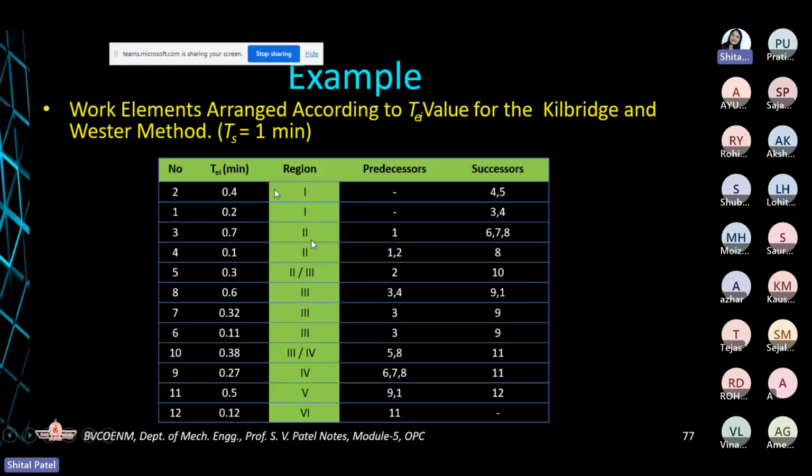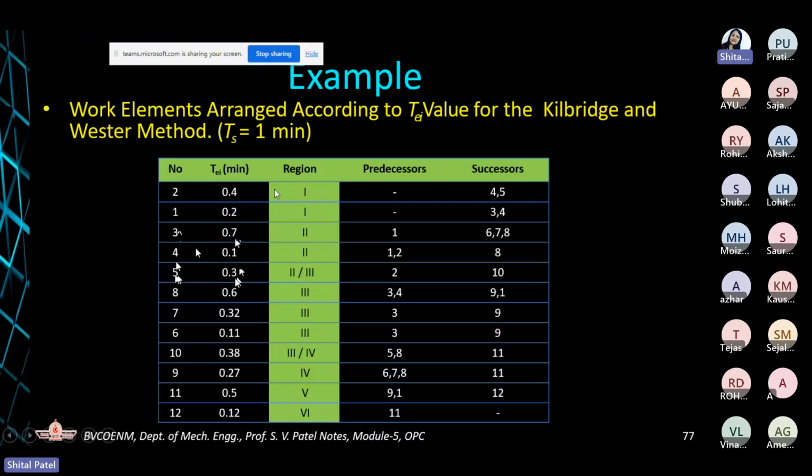Now in region 2 we are having 3 activities, 3, 4 and 5. So now here again we are going to make a sequence in such a way that it is from the largest processing time to the shortest processing time. But here in region 2, we have depicted this activity number 5, which is having higher processing time than 4, but it is below the 4.